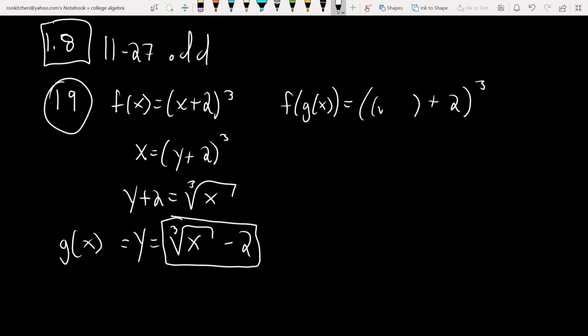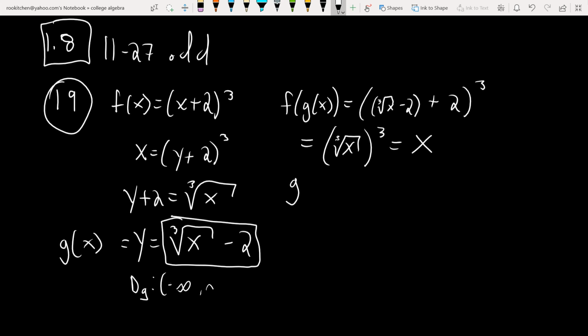So this will be the cube root of x minus 2, cubed... and that'll equal the cube root of x minus 2 plus 2, which is just x, so those go away. If you cube root, you just get cancellation there, and you end up with x, which is what we want. And that'll work for all x's in the domain of g. The domain of g is all real numbers, if you're wondering. Okay. And the domain of f is also all real numbers.